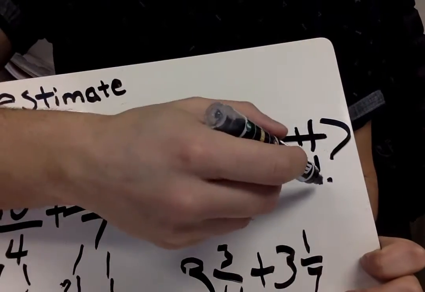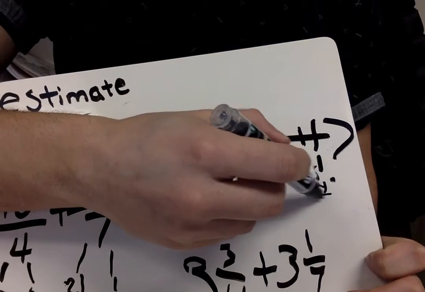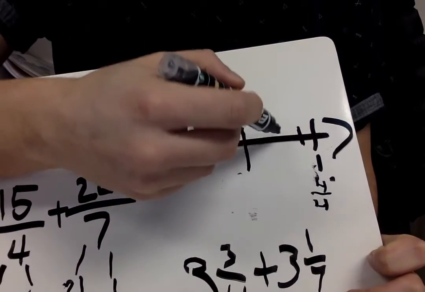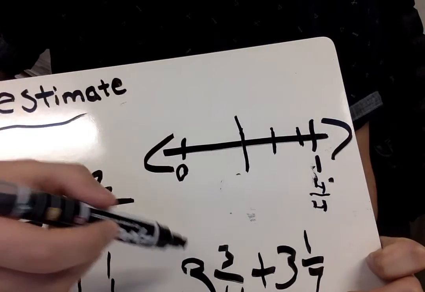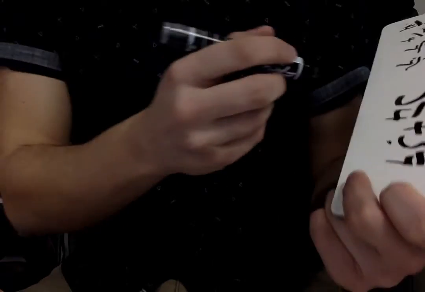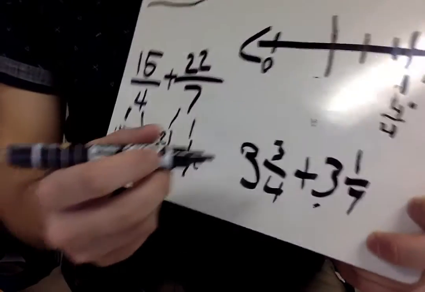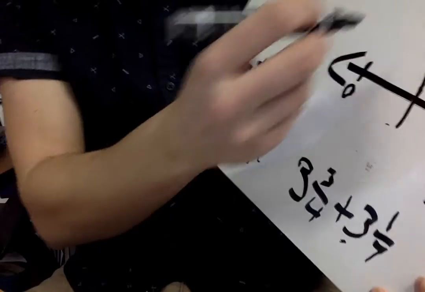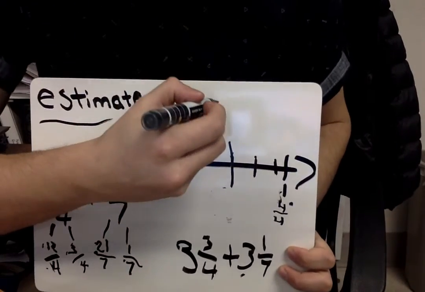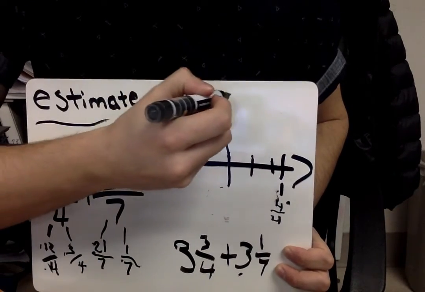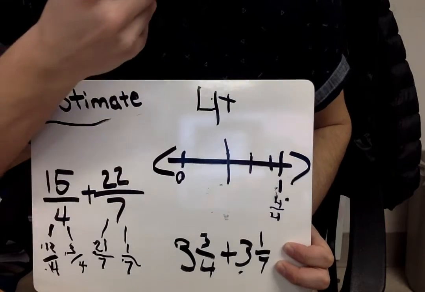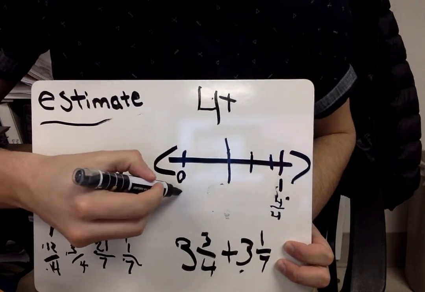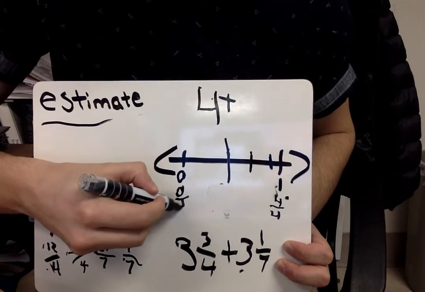So 3/4. Well, I know 4/4 is right here on my number line. So 3/4 is going to be about here, which means I'm going to round up. Or I'm going to say 3 and 3/4 is about 4. So I'm going to do it up here just because I'm running out of space. 4. This is going to be my estimation plus 3 and 1/7. Well, I know 0 is 0/7.